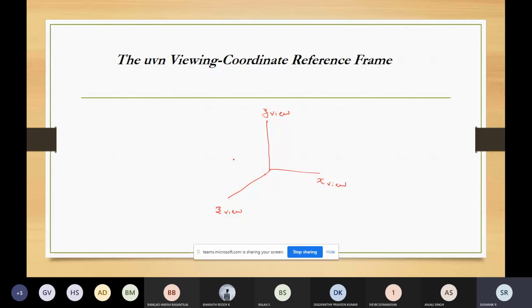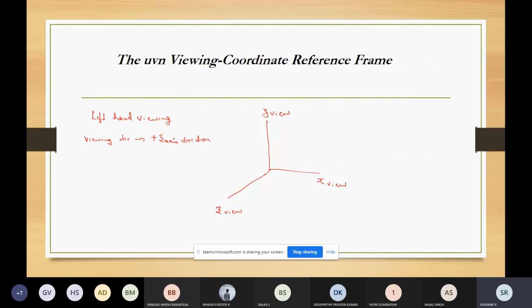In the initial stages, left-hand viewing coordinates were used in graphics packages, where the viewing direction was along the positive z-axis. This was what was initially used.